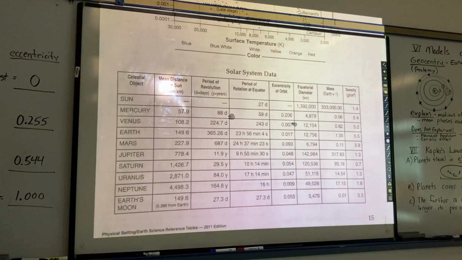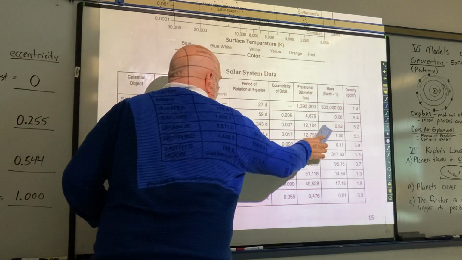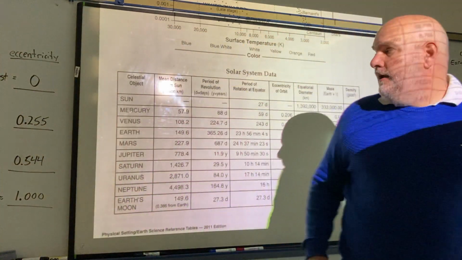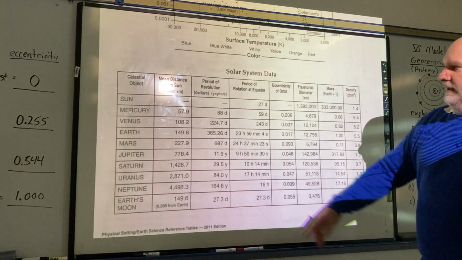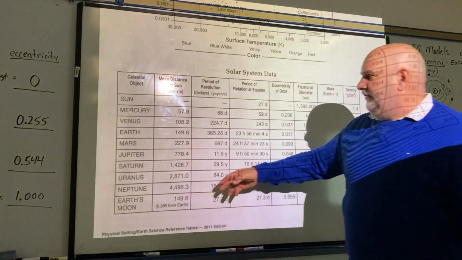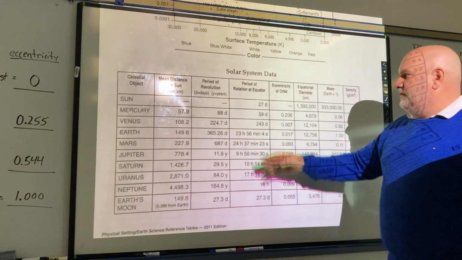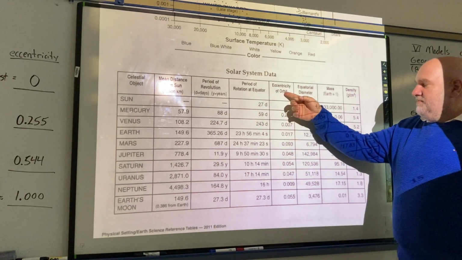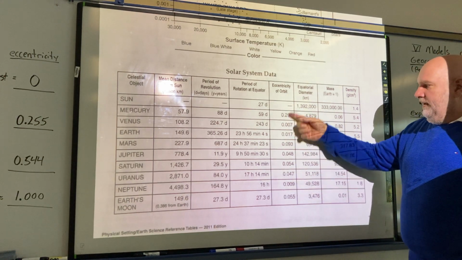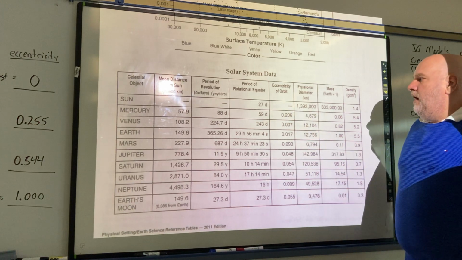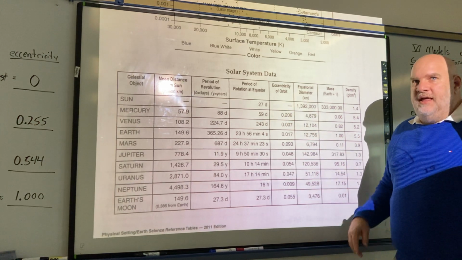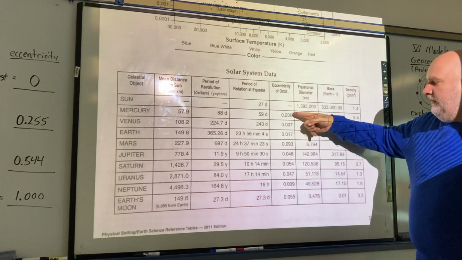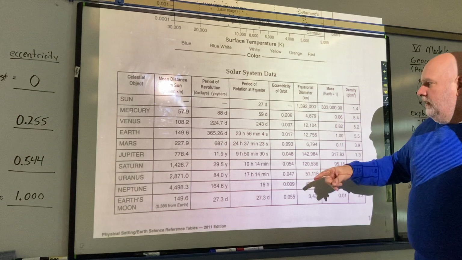All right, in your reference tables is the solar system data chart. And we've looked at this chart before. It has the planets and how far they are from the sun, their period of revolution, period of rotation. When I showed you this the first time, I just mentioned briefly that eccentricity of orbit told you the shape of the orbit. I said we'd come back to it on another day. Well, that's today. So eccentricity of orbit tells you the shape of the orbit around the sun.